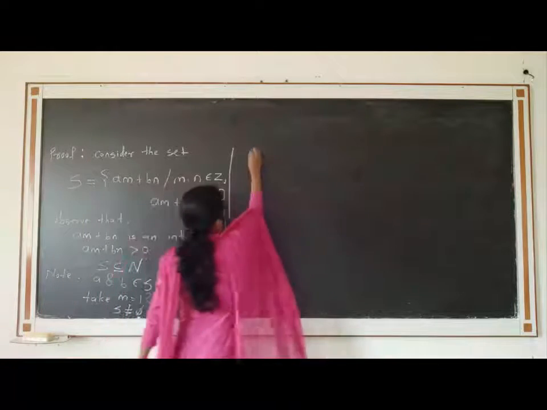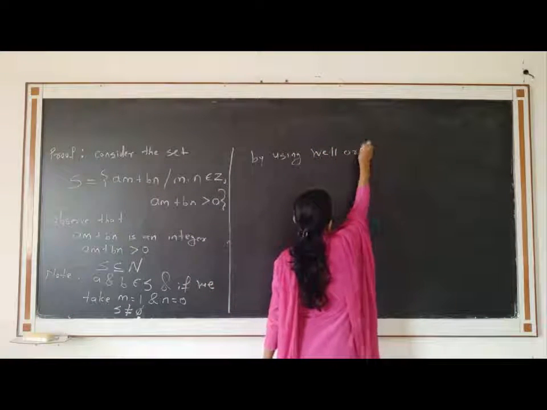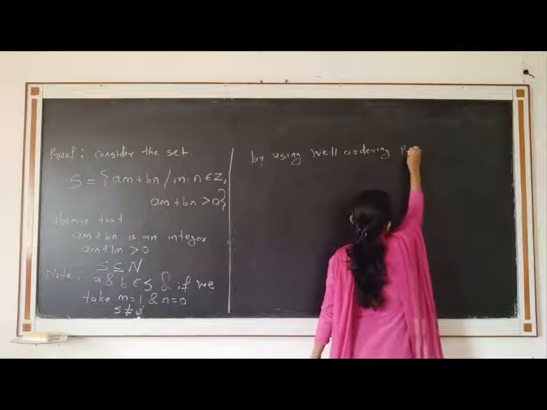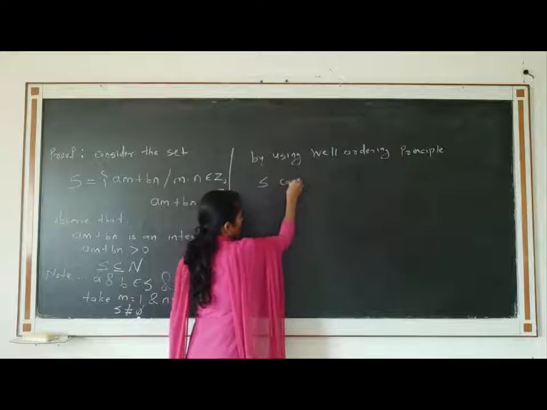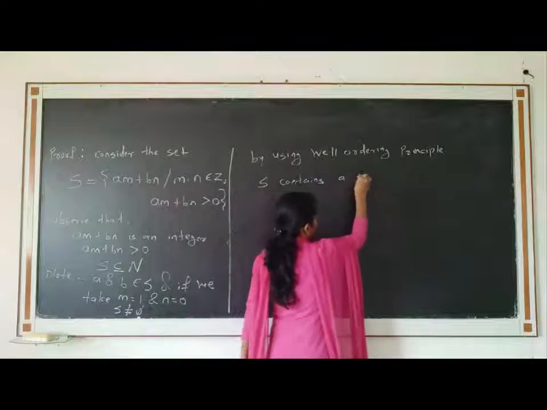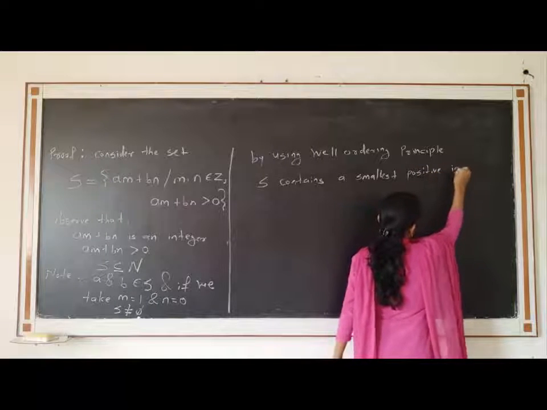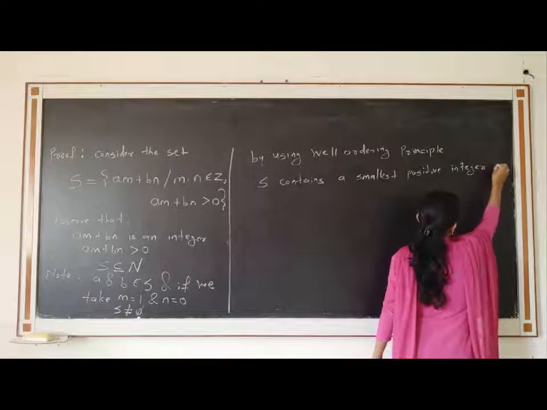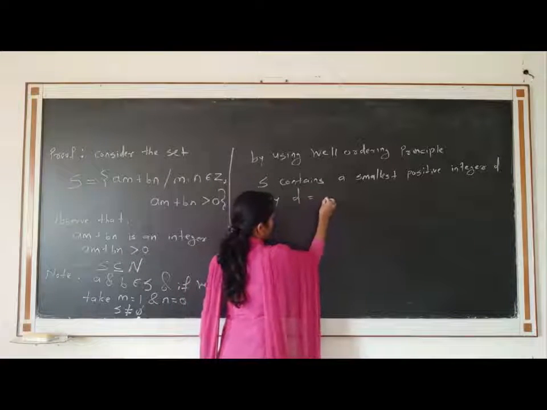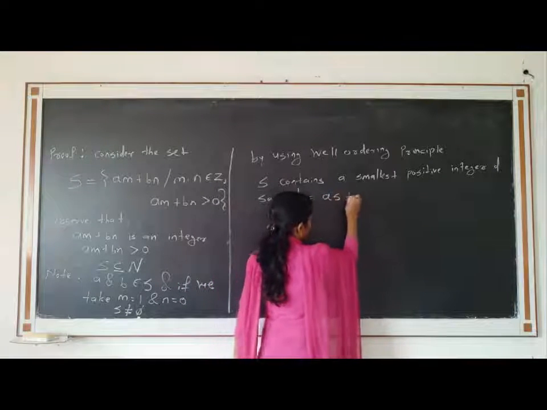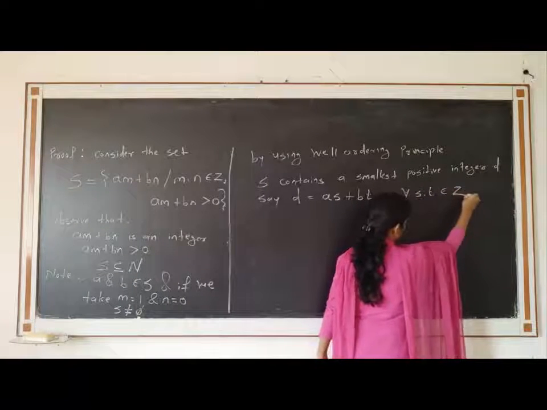So here, by using well ordering principle, S contains a smallest positive integer D. Okay, say D equals to AS plus BT for some S and T belonging to the set of integers.